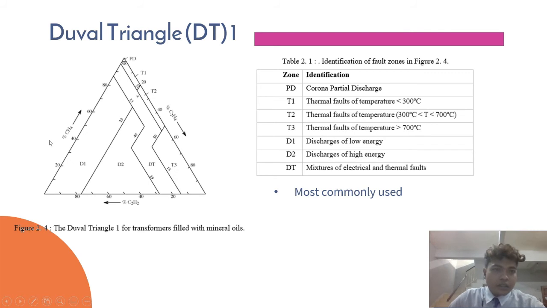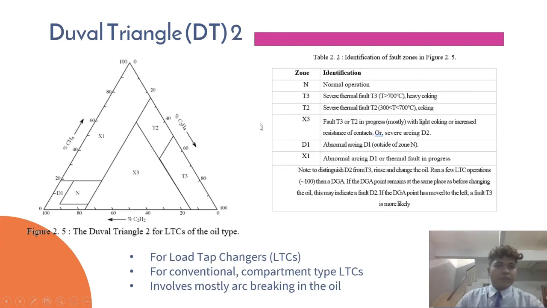So here we can see that the first DUVAL triangle DT1 is proposed by Michael DUVAL. We can see the region of the fault in the triangle with the table of the identification for the fault in DT1. Next, here we can see the DUVAL triangle 2.